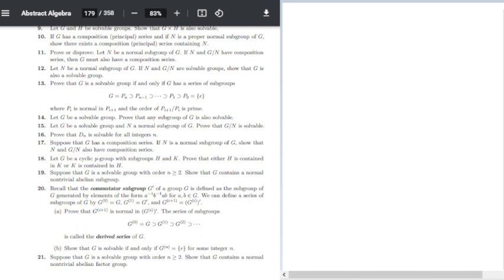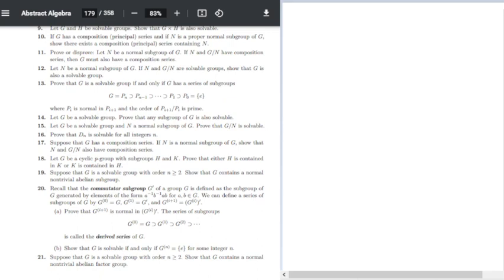And the only way for it to be abelian and simple is if we have the cyclic groups of prime order. So that's the only way we can have a solvable group. That should be a solvable group.